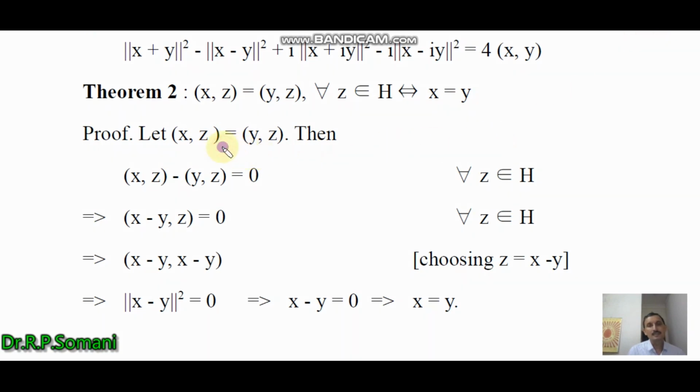First let the inner product (x, z) equal the inner product (y, z). Then taking the right-hand side to the left, we obtain (x, z) minus (y, z) equals 0, and applying linearity of the inner product we obtain (x minus y, z) equals 0. This result is true for all z belonging to H. In particular, we choose z equal to x minus y. Then we obtain the inner product (x minus y, x minus y) equals 0.